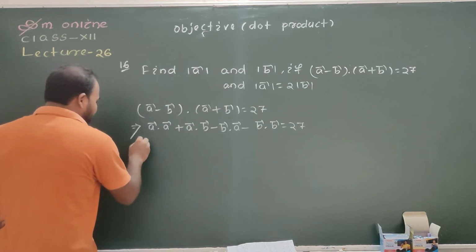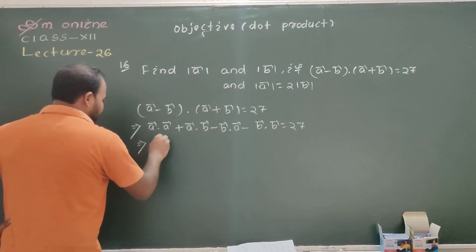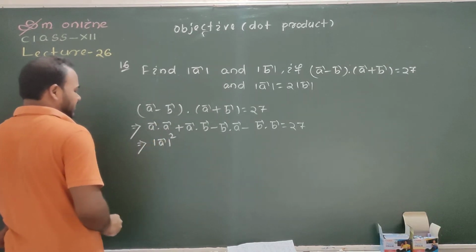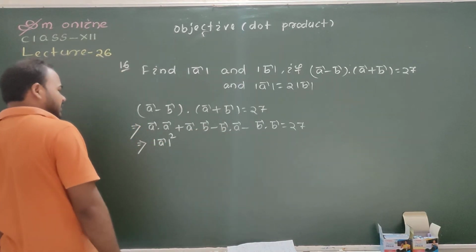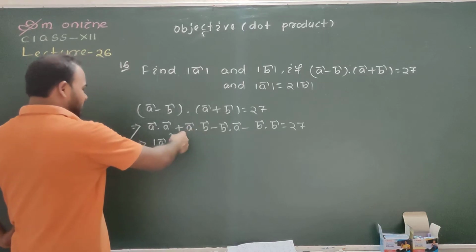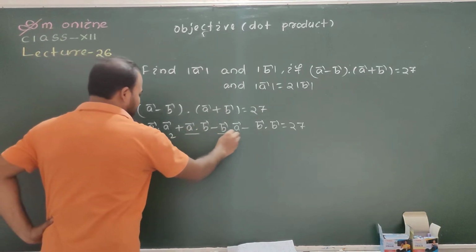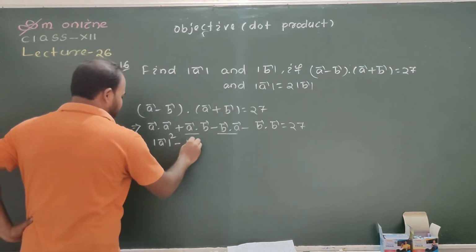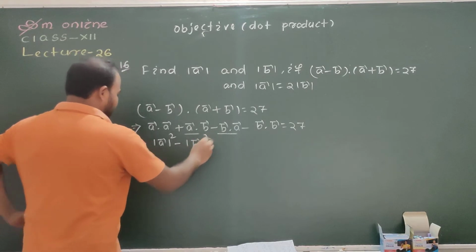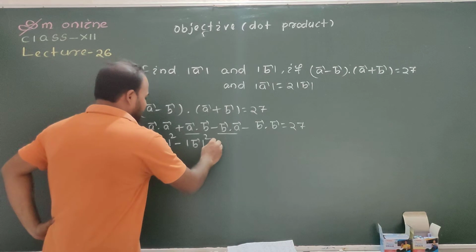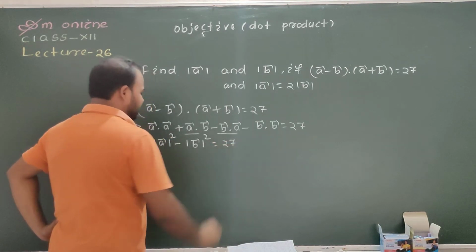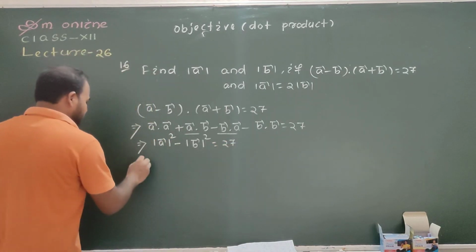This implies magnitude of vector A square, and this is minus B dot A, we write here minus A dot B, so this term and this term cancel, and we get magnitude of vector A square minus magnitude of vector B square equal to 27.